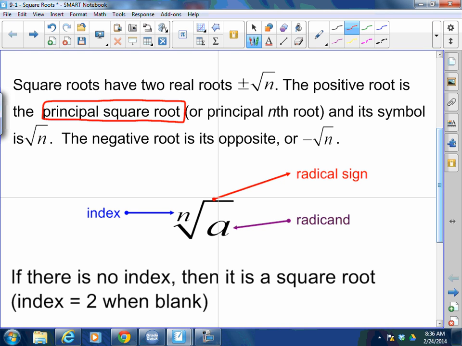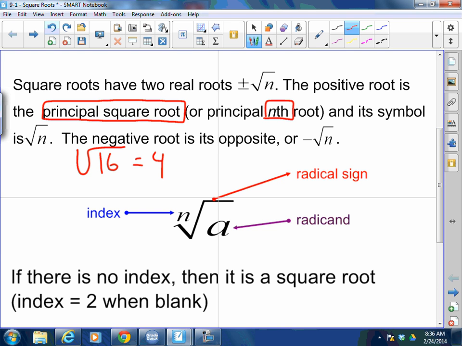The positive root is sometimes called the principal square root. We're going to be dealing with other radicals throughout the chapter, so if it's a third root, where the index is 3, and we'll talk about that in a second, it could also be called the principal nth root. It's called the principal root because most times when people say, give me the square root of 16, it's 4. Why? Because there's an implied positive.